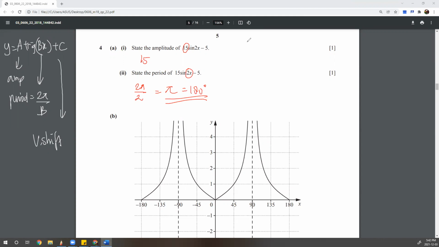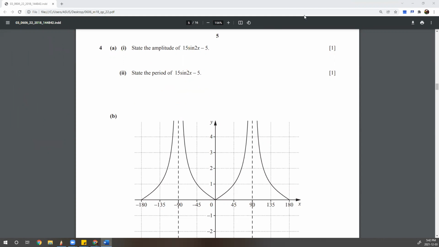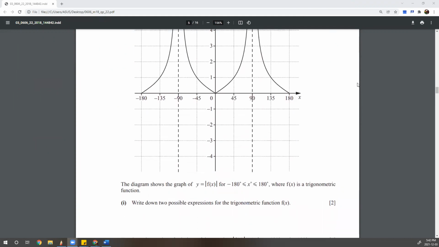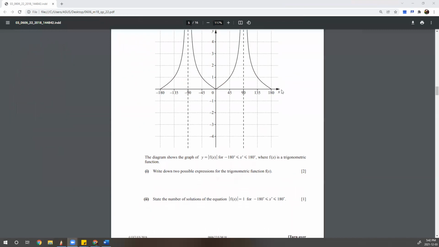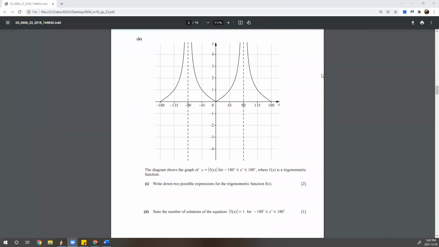Okay, next. Part B. Write down 2 possible expressions. So if we have 2 possible expressions of trigonometric values, and we have the unlimited part, it has to be tan, right?